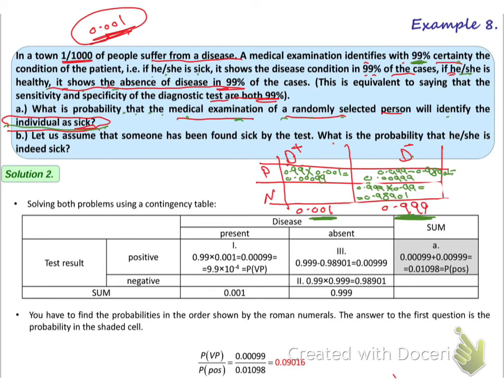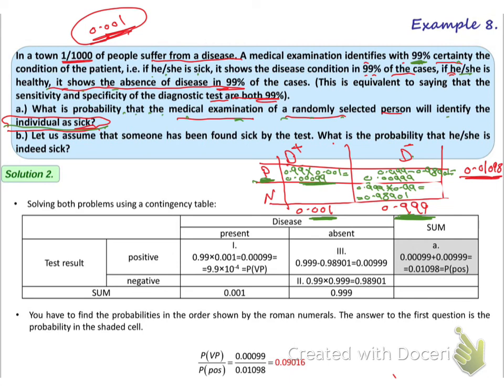So the sum of these two, or the total of this one, the positive, will be this one plus this one. Okay, I will get the total here. So it will be this plus this equals, data cited in different color, 0.01098.